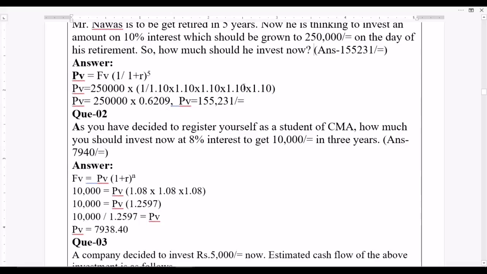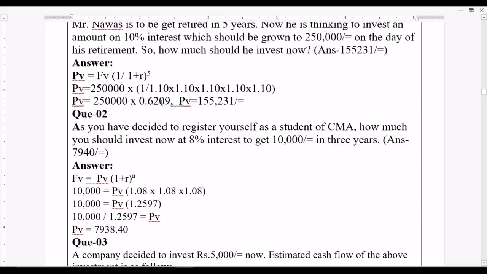Actually you need not calculate this 0.6209 manually, because there is a table, we call that net present value table. In the net present value table, you can find this 10% interest rate in 5 years, how much the present value is.